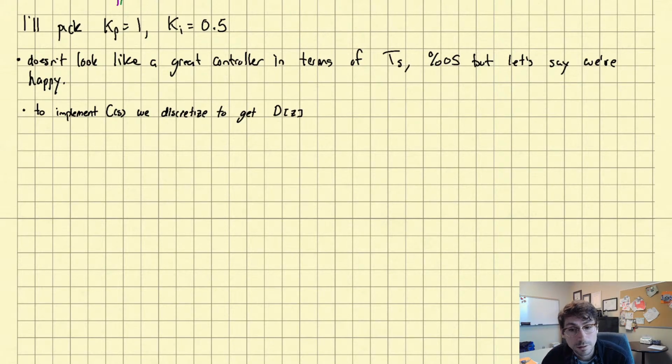Right? In this course, we're implementing our controllers on computers. So you discretize it. You make a choice of a discretization method that we talked about before. And then we simulate/test using the nonlinear system.